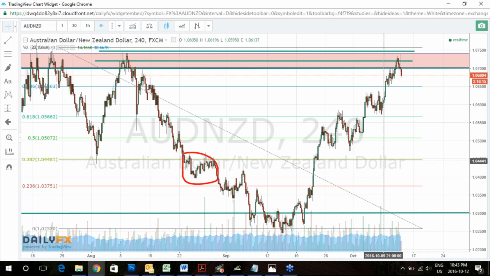If price reaches this level here, 0.382, this would be our ideal take profit point. I think this would be around 2,800 pips, around 3,000 pips, something like that, a little more than 3,000 pips. This is what we're going to aim for.